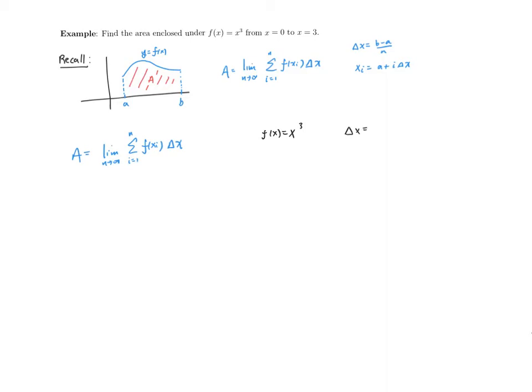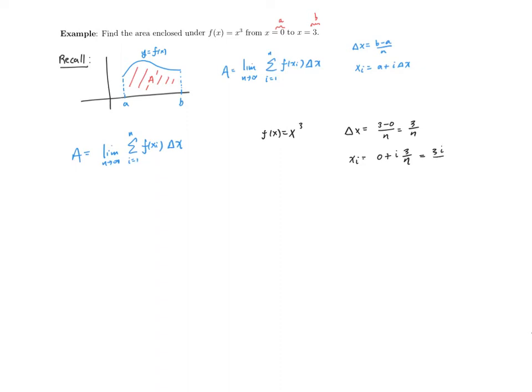Delta x is going to be b minus a over n. Well, a is going to be this smaller value of x, b is going to correspond to the larger. So 3 minus 0 over n, which is 3 over n. And x sub i is equal to a plus i delta x, so 0 plus i delta x.